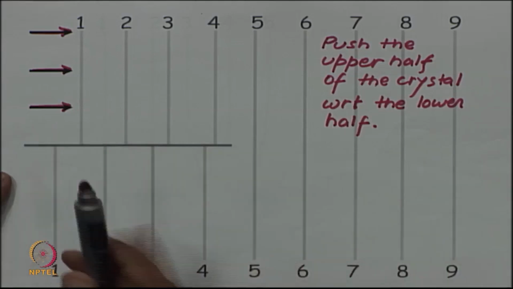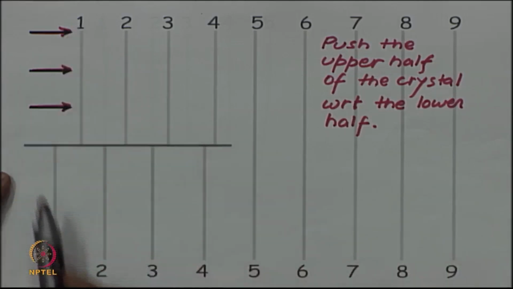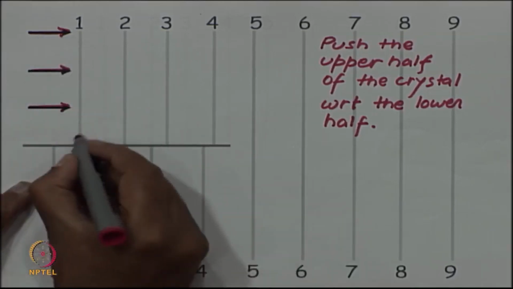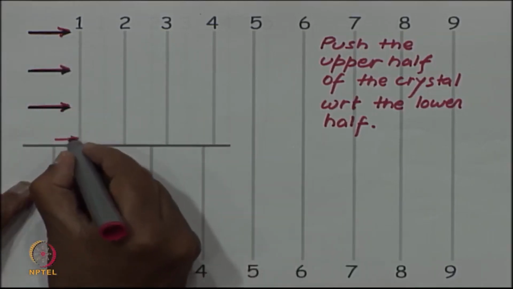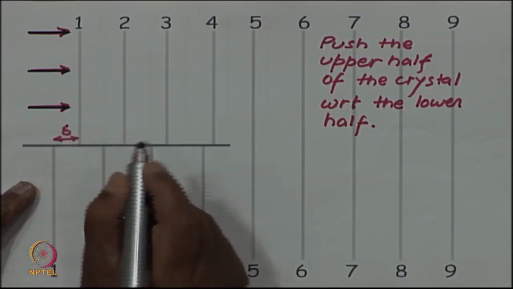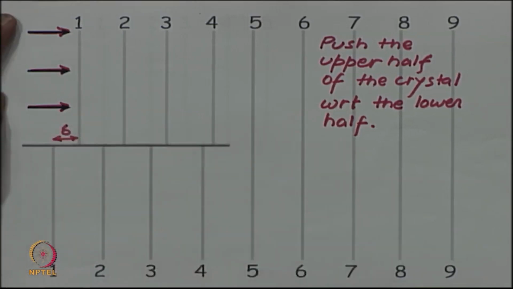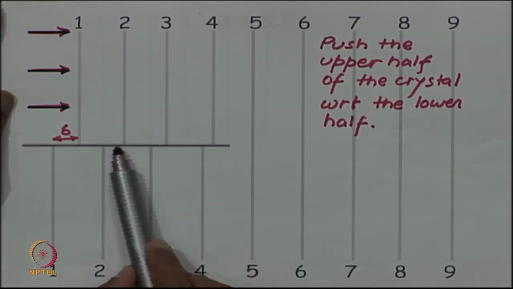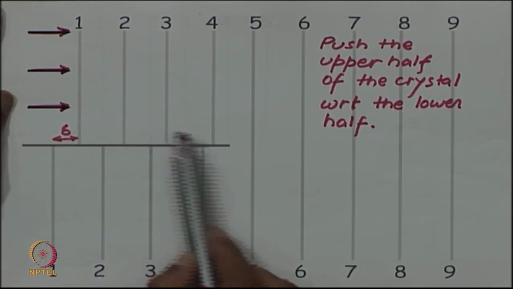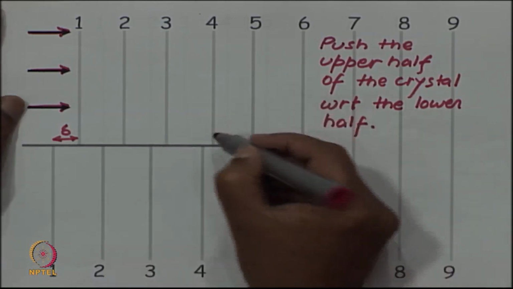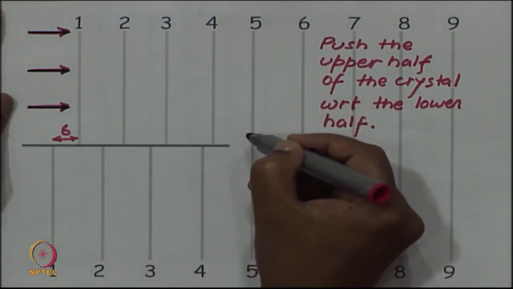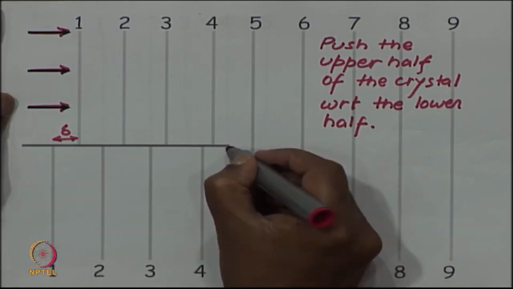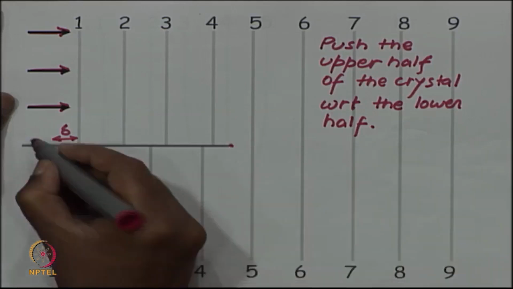So, now you can see that the upper part of the plane 1, previously the plane 1 was continuous, but now the upper half of the plane has moved by some small amount, let us say delta, towards the plane 2, but the upper half of the plane 2 has also moved towards plane 3 and so on. But then the upper half of the plane 4 also moved inwards towards 5, but remember that my cut was only up to 4 planes.